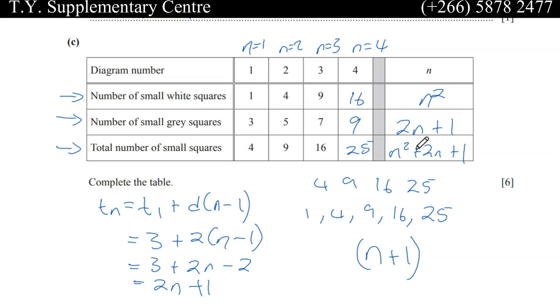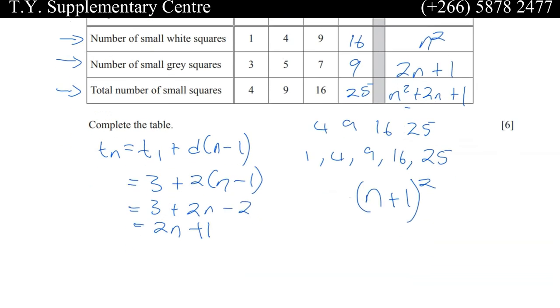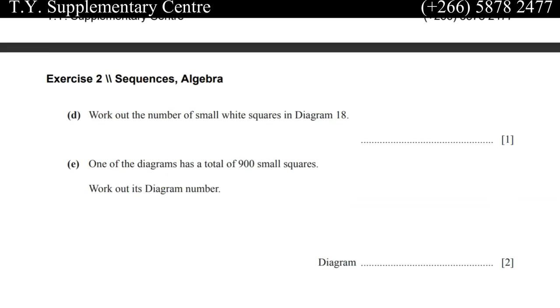So one other way to write this would be to say n plus 1 and then square that. As you can see, this is actually a factorized form of this formula here. Alright, let's move on to the other questions.